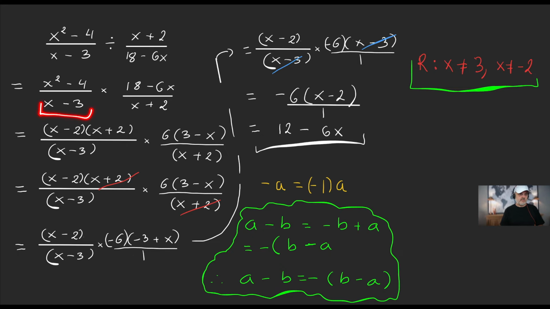The x minus 3 stays. Then you take care of the second rational expression. The denominator x plus 2 is done, nothing to work on there. But between 18 and 6x, the number 6 is a common factor.